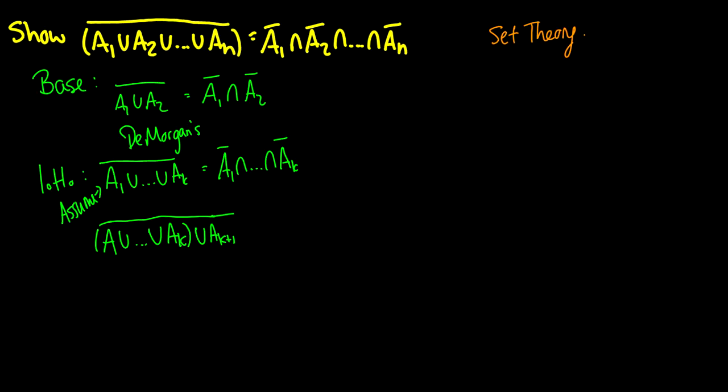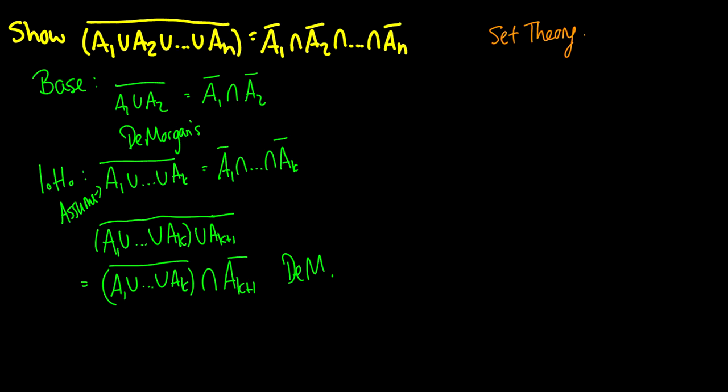So with De Morgan's, we have this whole first part. We're not going to do anything with the union yet because we can't do it yet. But then this second part becomes an intersection with the complement of A sub k plus 1. So that's fine, and that's by De Morgan's.